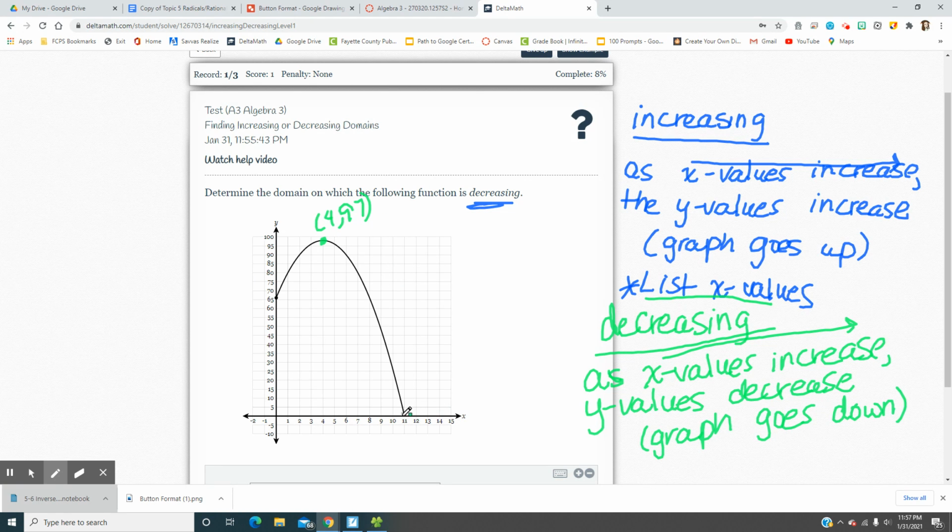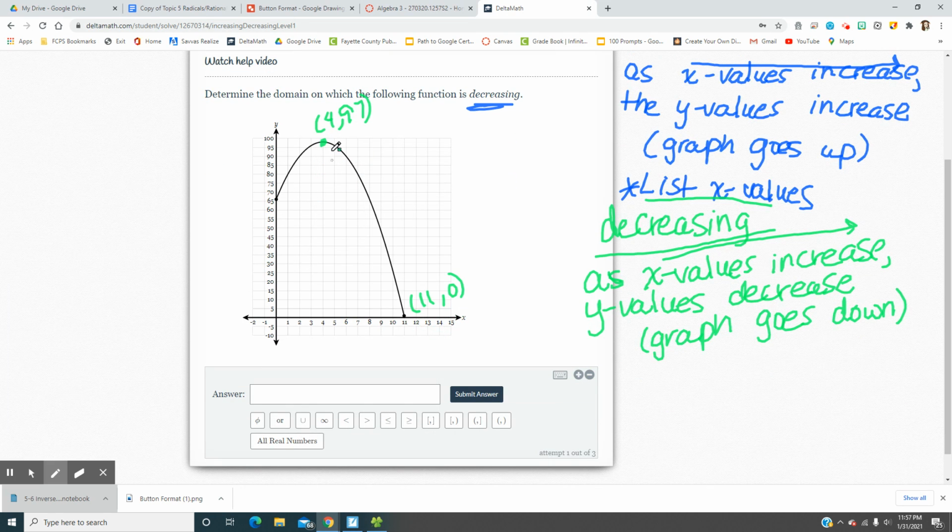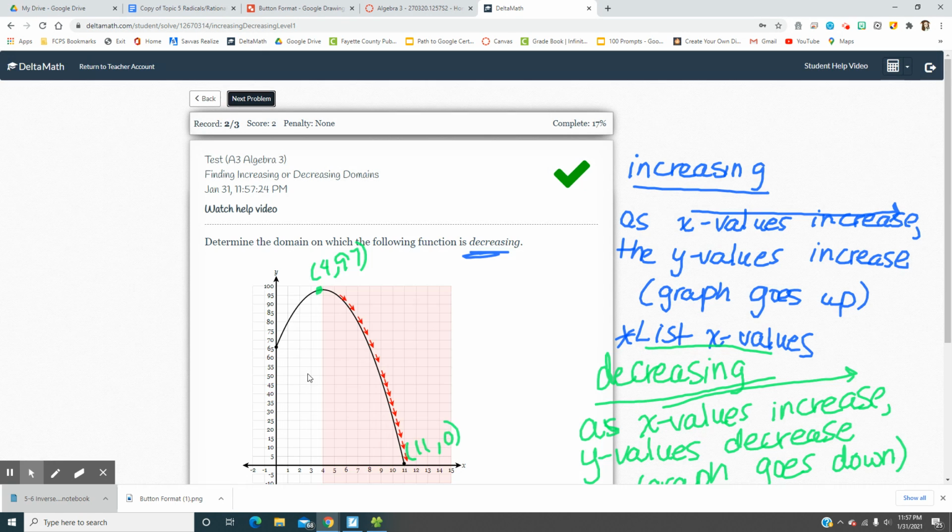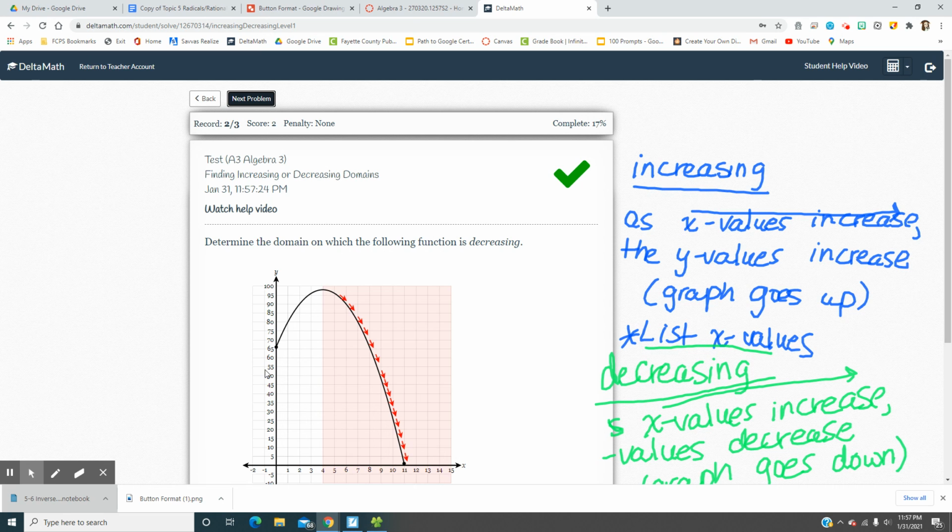Until, no, this does not have an arrow on it. It stops. So until 11, 0. So I list the x value. So it looks like the function decreases from x equals 4 until x equals 11. So I will type that in using brackets on both. And I will check my answer. There we go, decreasing.